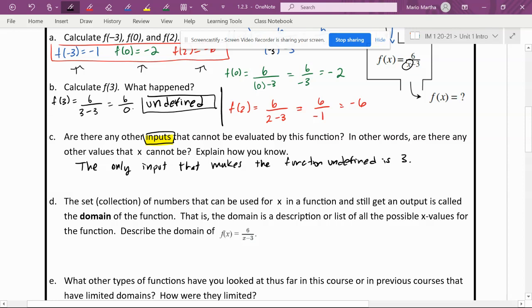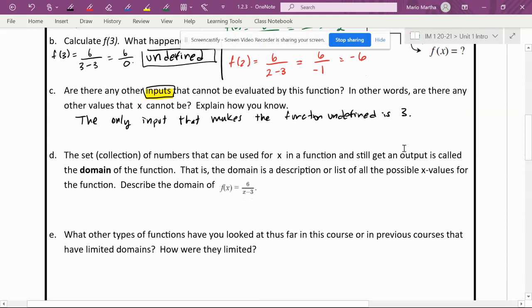All right. So the set, or collection, of numbers that can be used for x in a function and still get an output is called the domain. What we've been calling inputs, we can also call the domain of the function. A domain is a description of all the possible x values for the function. Describe the domain of f of x equals 6 over x minus 3.